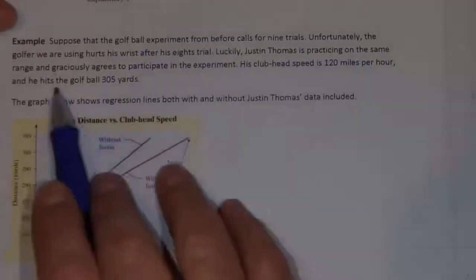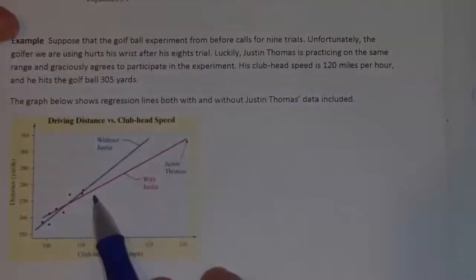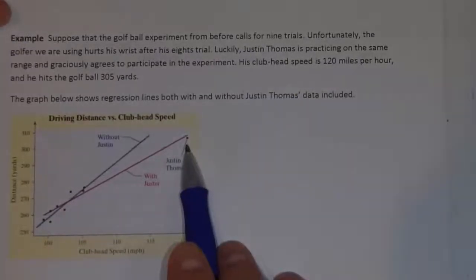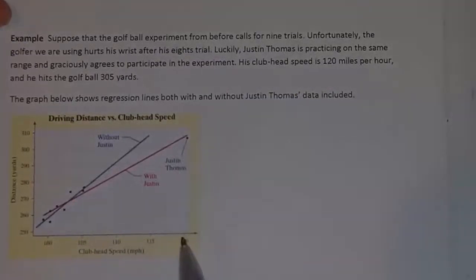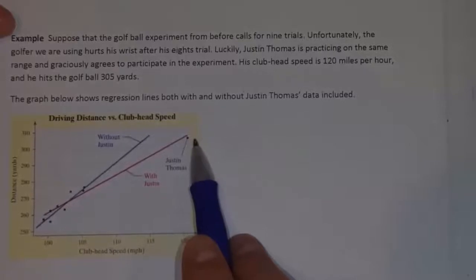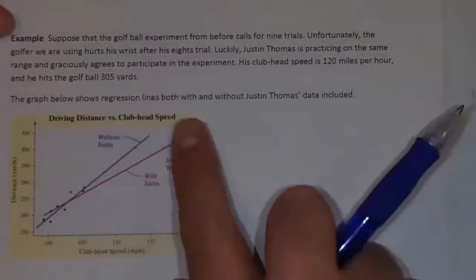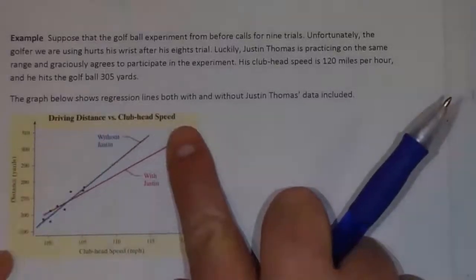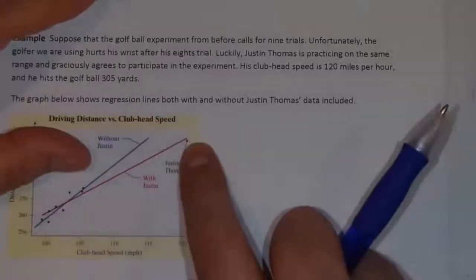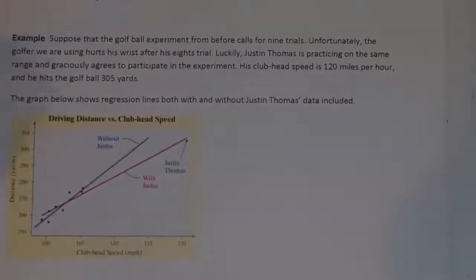And then just an example of that, if we use our golf data and we include a professional like Justin Thomas, he swings 120 miles per hour and the ball travels 305 yards, so we get this influential observation. Without that point in the data, the blue line is the regression model. But if you include that point in the data, the model gets pulled towards that point. That's an influential observation.